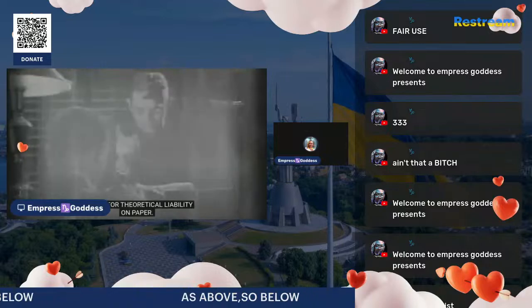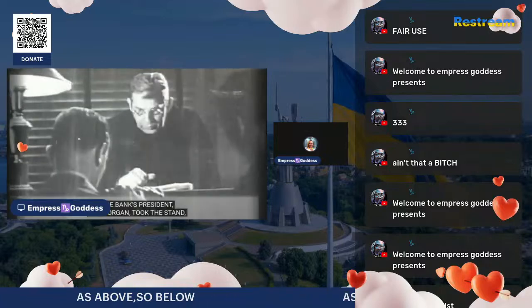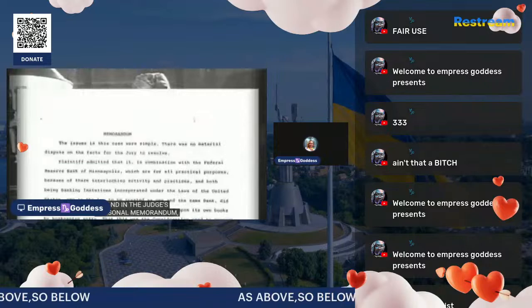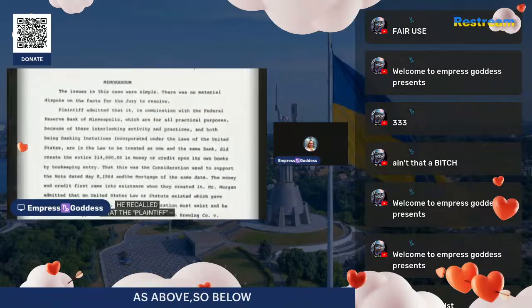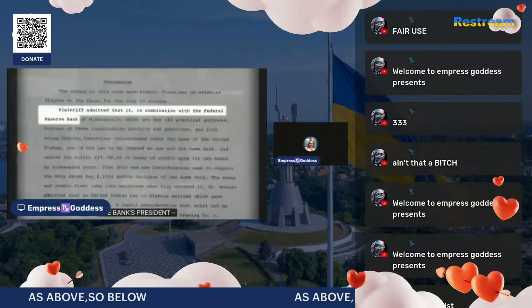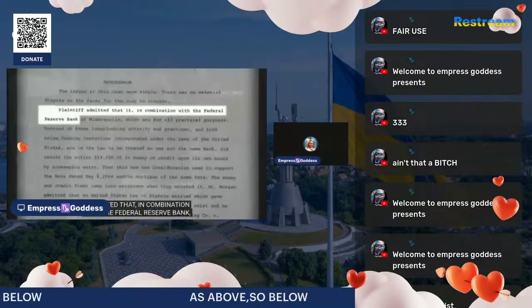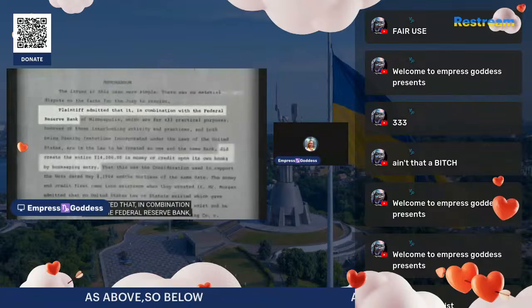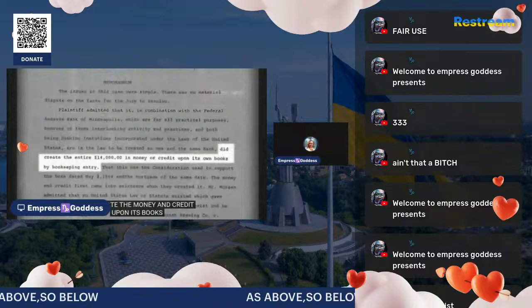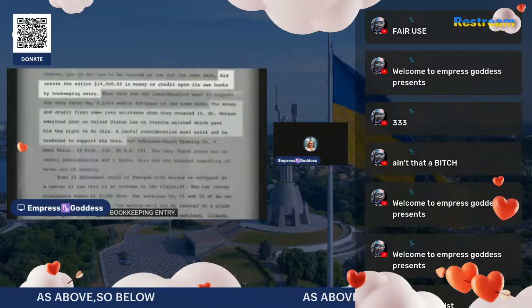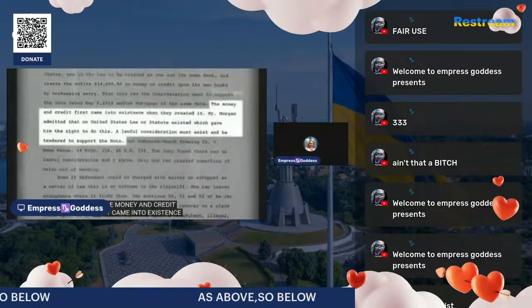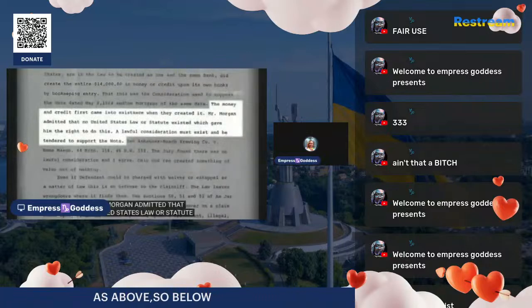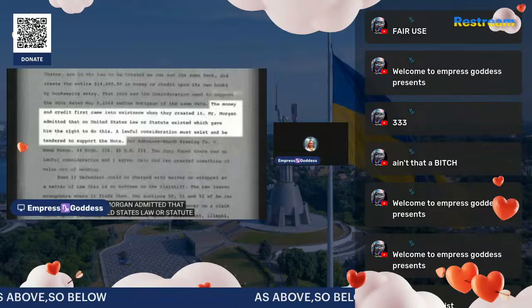As the court case progressed, the bank's president, Mr. Morgan, took the stand, and in a personal memorandum, the judge recalled that the plaintiff's president admitted that, in combination with the Federal Reserve Bank, the bank did create the money and credit upon its books by bookkeeping entry. The money and credit first came into existence when they created it. Mr. Morgan admitted that no United States law or statute existed which gave him the right to do this.